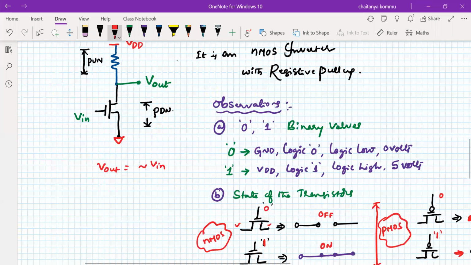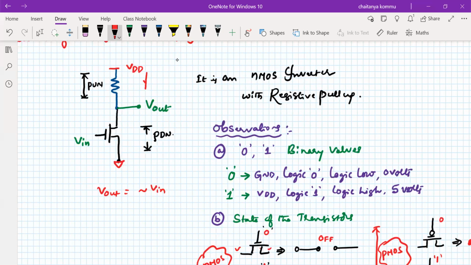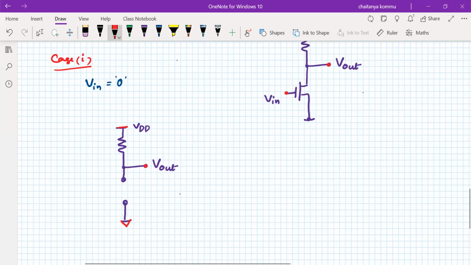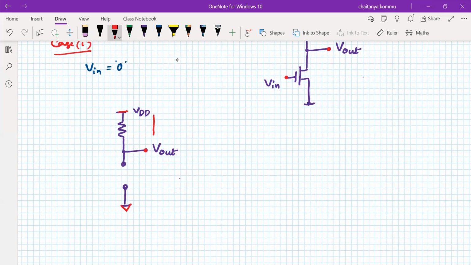Similarly, here we can observe the current flowing. This current, let us call IR, the resistive current. And here also some current is flowing. That current is called IDS, the drain to source current, as it is normally called.